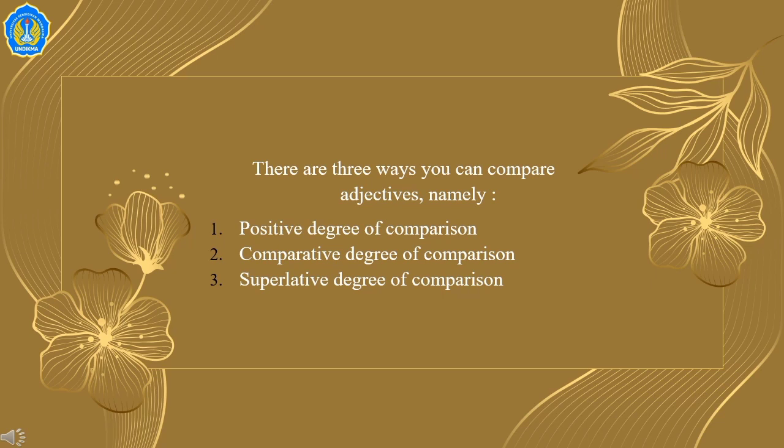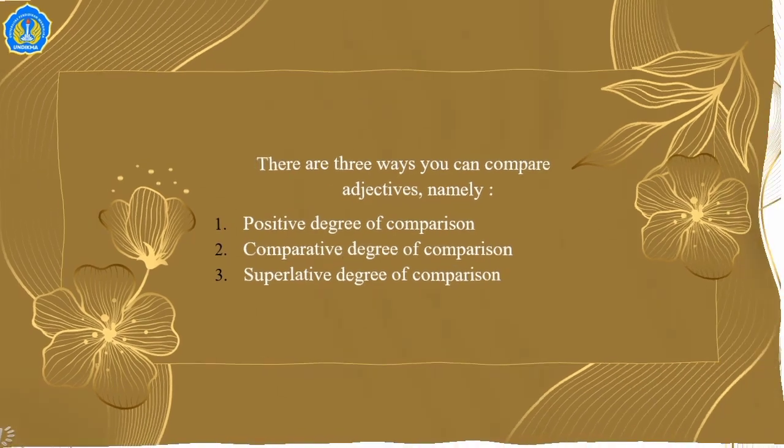And we must know that there are three ways we can compare the adjective. Namely, the first is positive degree of comparison, second is comparative degree of comparison, and the third is superlative degree of comparison. Let's check one by one.